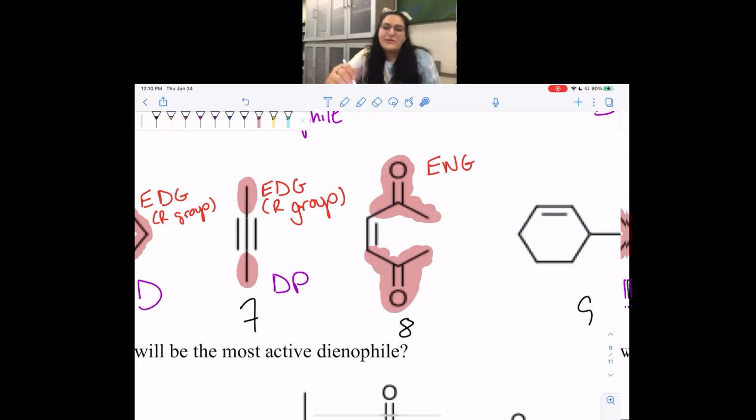And then is this a diene or a dienophile? So it is conjugated, but it's going to be a dienophile because remember, those double bonds in the diene all have to be to carbon, but here we have carbon, carbon, carbon, oxygen. Ew. So it doesn't work. So it has to be a dienophile.